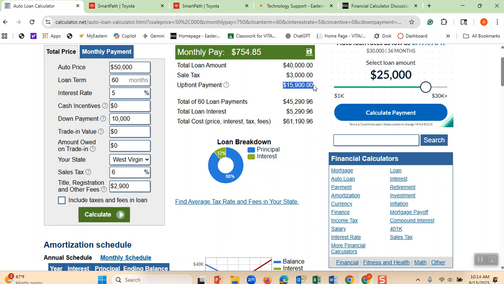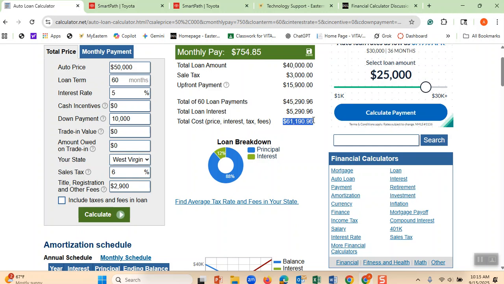That's the down payment you have to come up with. Then you have a total of 60 loan payments, which is $290.96, and the interest that you will be charged, because the interest rate is, as you see, 3%. Therefore, the car is going to cost you altogether $61,000.